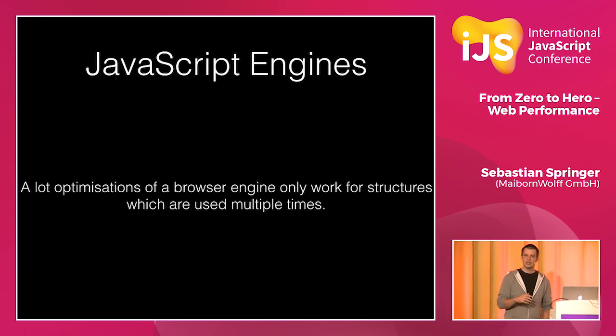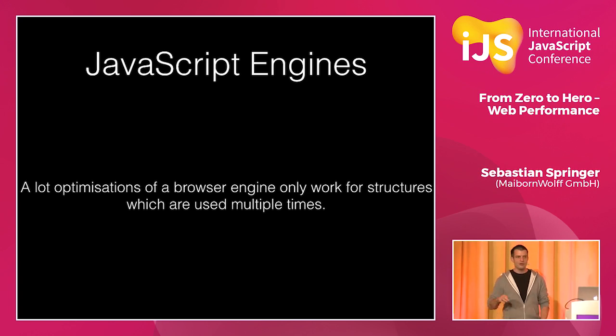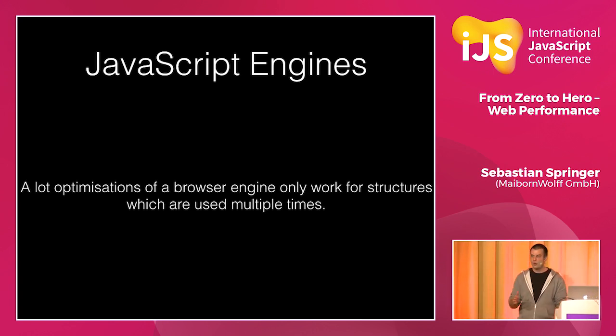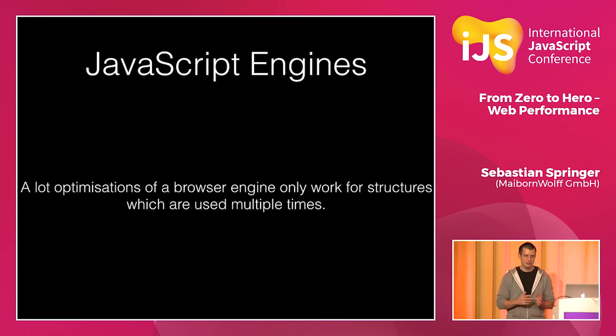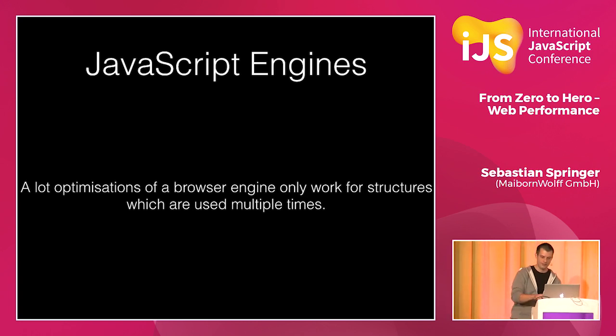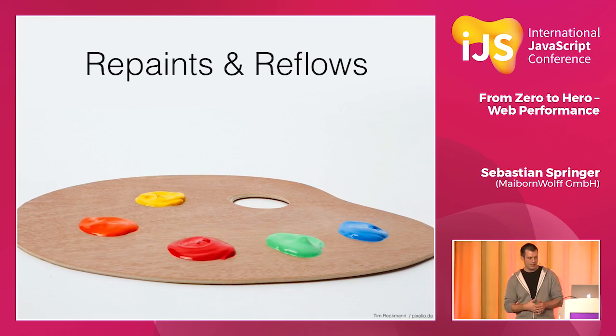So for single page applications, you can rely on the stuff I just told you. For throwaway pages, you don't have to deal with it, because you stay there for a couple of seconds and then go to the next page. You don't have to deal with memory consumption and stuff like that, because it simply won't happen. What will happen is repaints and reflows.